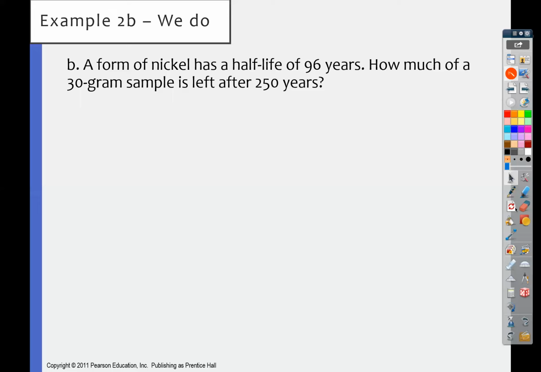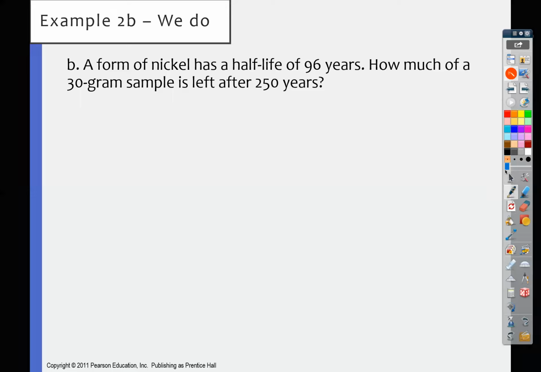A form of nickel has a half-life of 96 years. How much of a 30-gram sample is left after 250 years? So again, to find the x, we take 250 years elapsed, and it has a half-life of 96. So I get 2.6, and I'm going to plug that into my formula. What was the beginning amount?